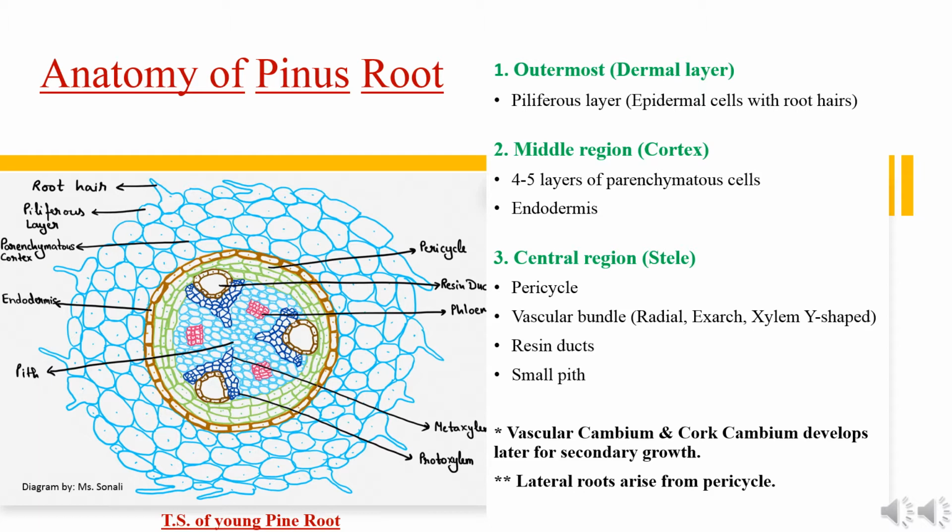Vascular cambium and cork cambium, which are responsible for secondary growth in vascular bundles and cortex respectively, develop later. They develop from pericycle and some cortex cells. One important point to note here is that pericycle is also the layer which gives rise to lateral roots while growing.